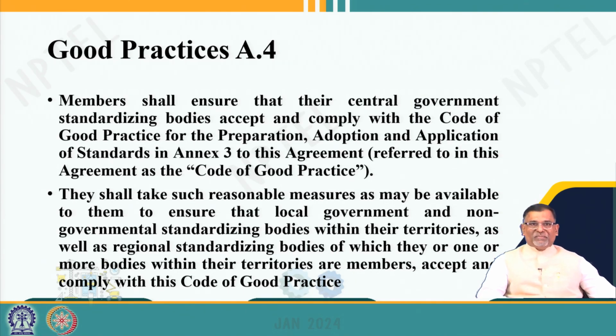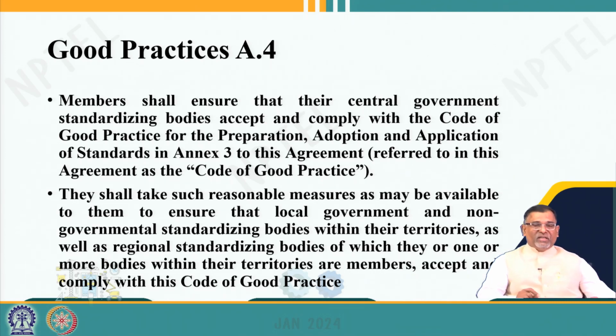Most importantly, you can see that the TBT Agreement forms a code of good practices. It talks about the Code of Good Practice for the preparation, adoption and application of standards in Annex 3 to the Agreement.